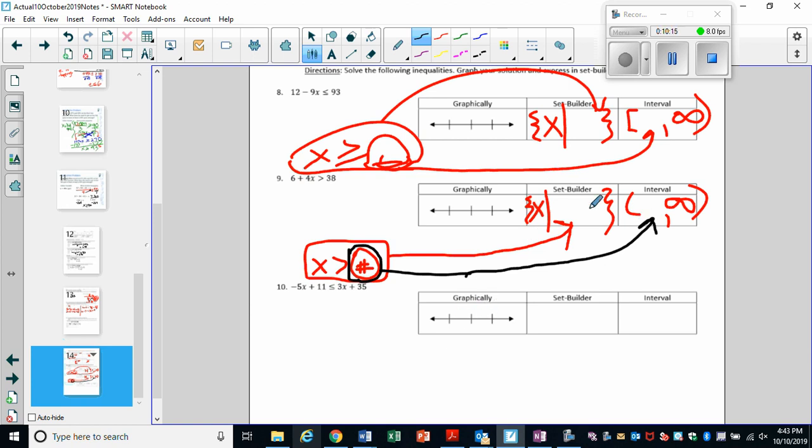Set builder notation is basically squiggle line, brace, X, vertical bar, such that, and then your algebraic expression goes to the right. And last but not least, interval. Again, you're going to use brackets because if it's less than or equal to or greater than or equal to, we use brackets.